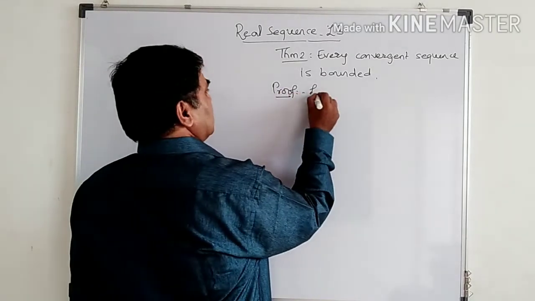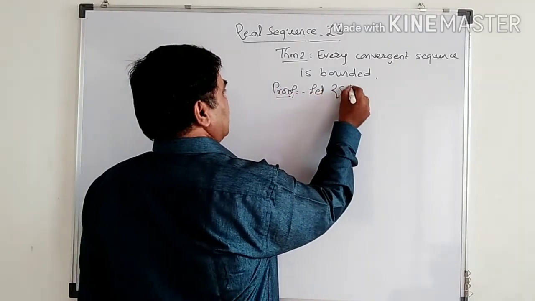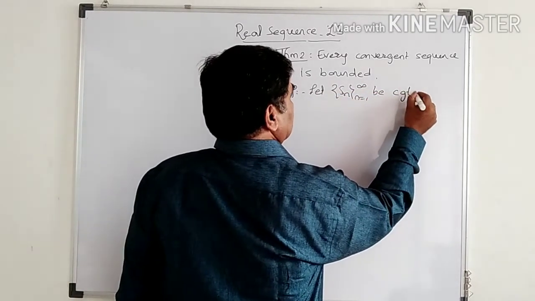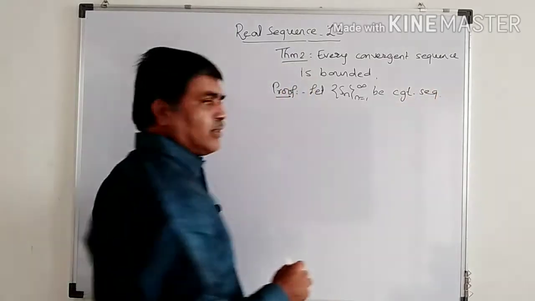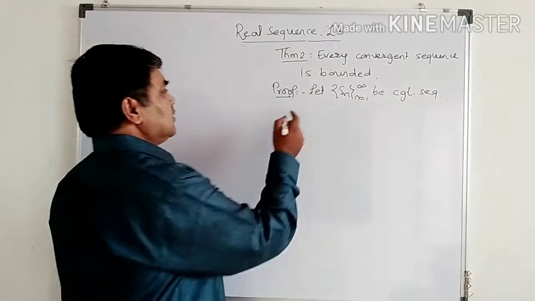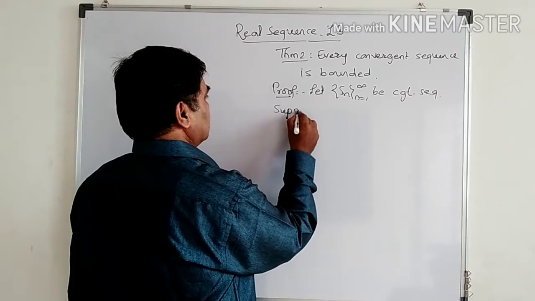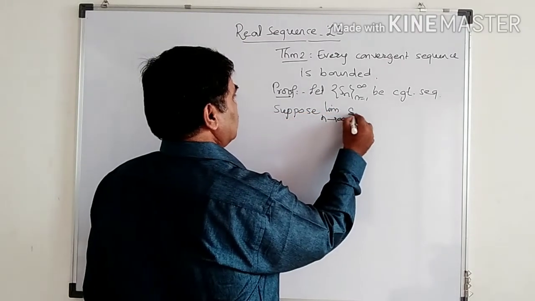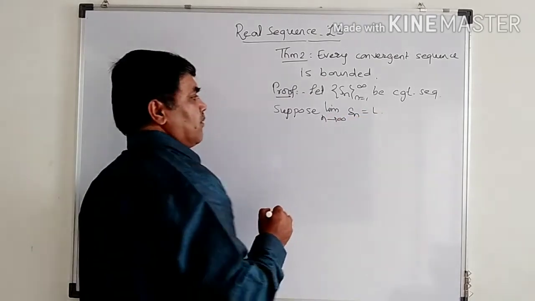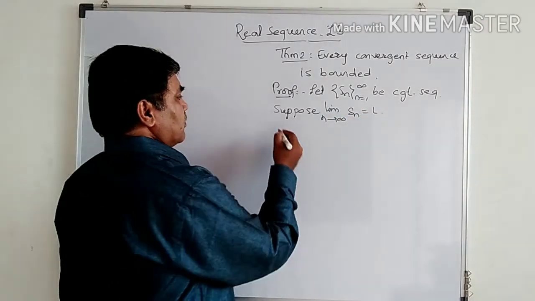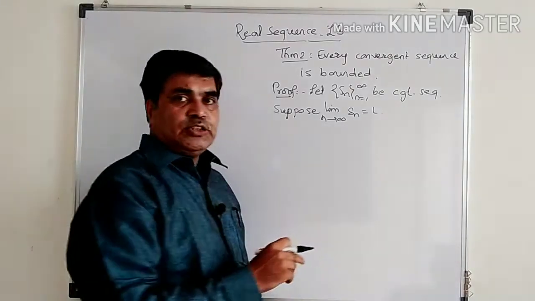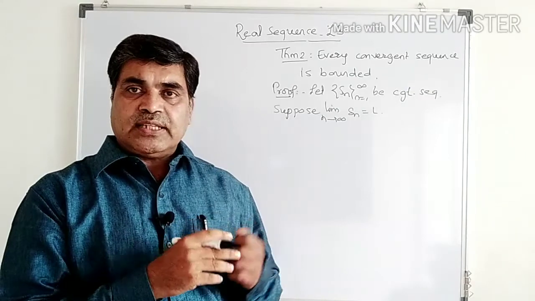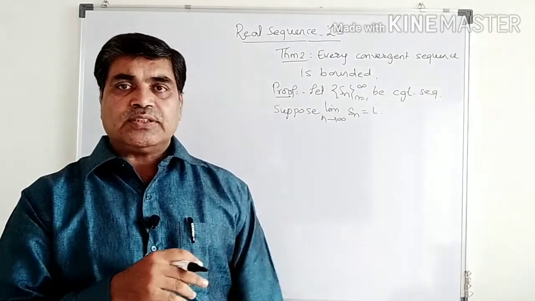So let Sn, n equal to 1 to infinity, be a convergent sequence. Once it is convergent, it has some limit. Suppose limit of Sn is equal to L. Therefore, for given epsilon greater than 0, there is some positive integer n naught such that mod of Sn minus L is less than epsilon for every n greater equal n naught.